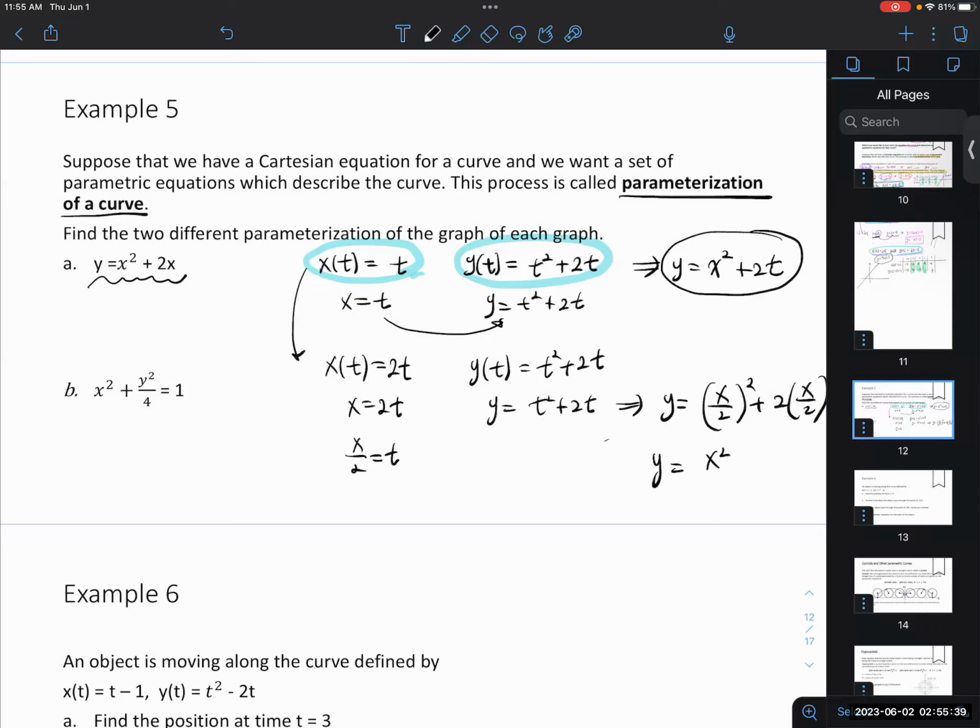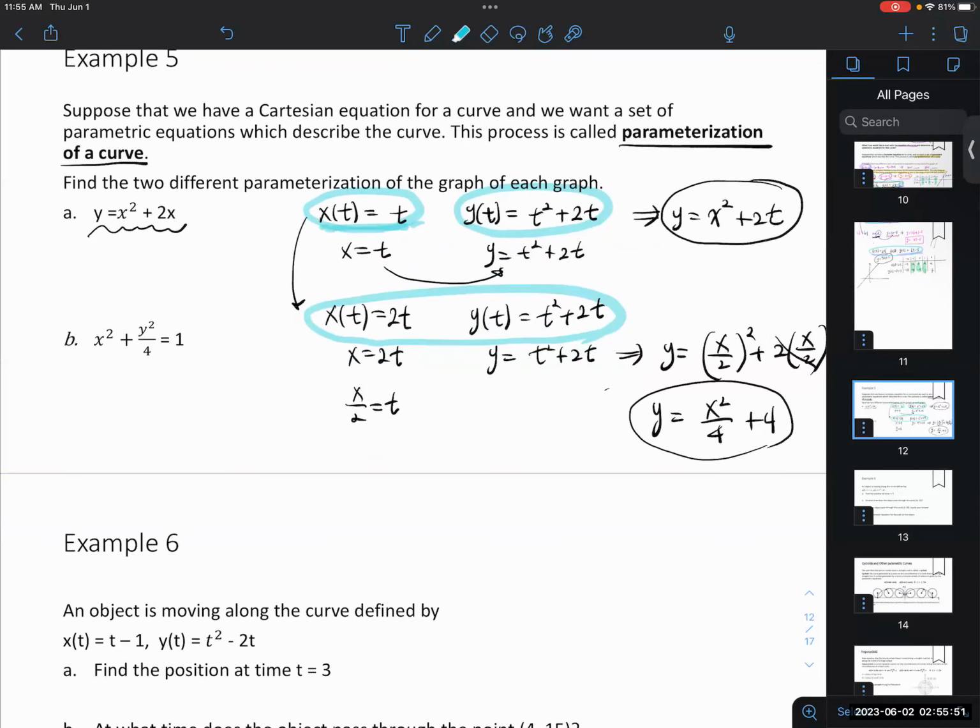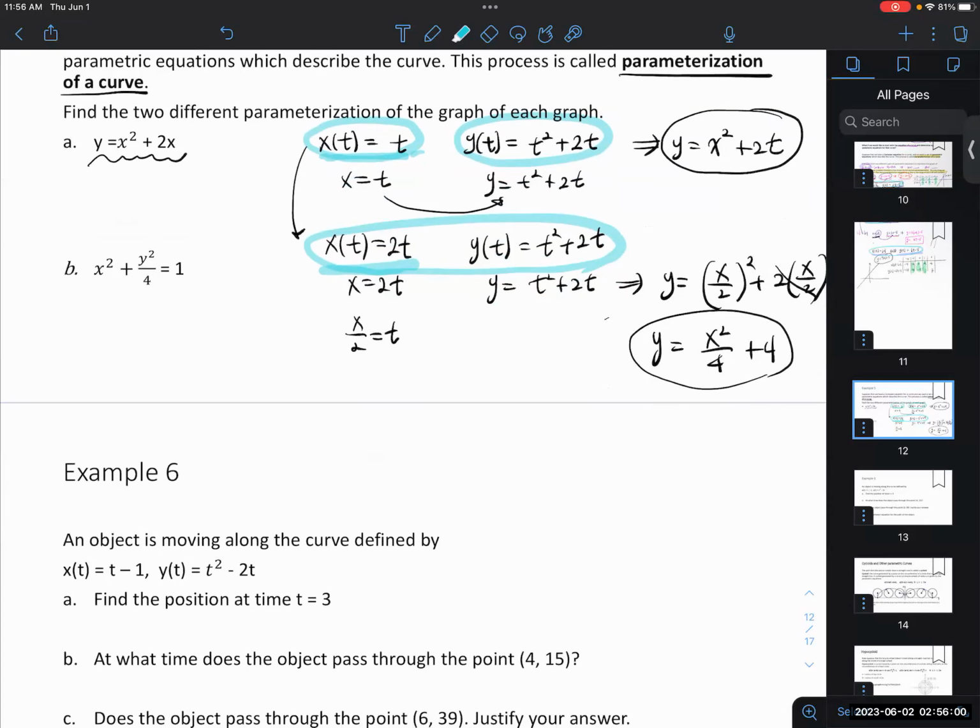So y equal to x squared over 4 plus x. If you graph it, you will get the same graph. So this is another possible answer. So it's very simple. You keep changing one of the variables to t, 2t. Anyway, they're going to give you the same graph. Okay. Same idea.